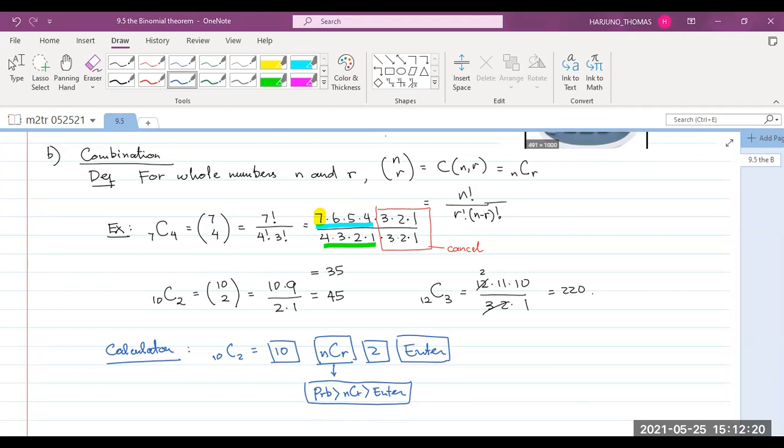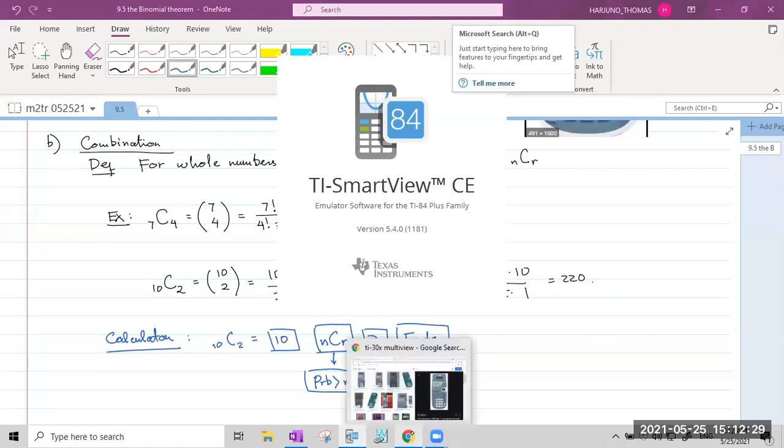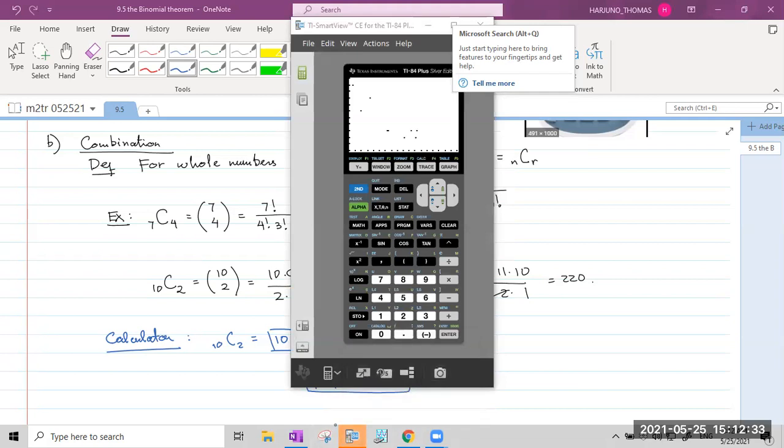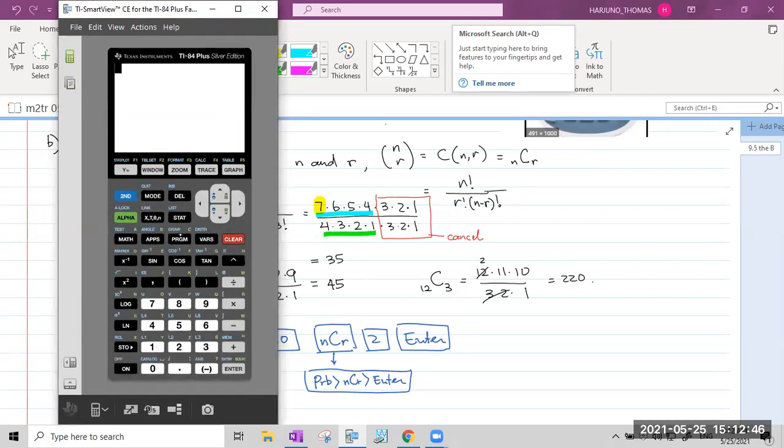Let me use my TI-84 to show you. So my TI-84, let me make it a bit larger. Let's say I want to do 10 combination 2.